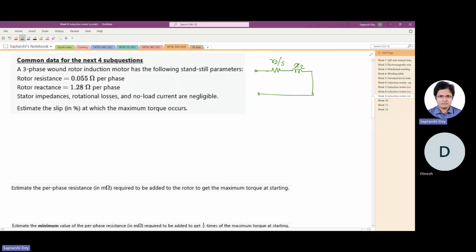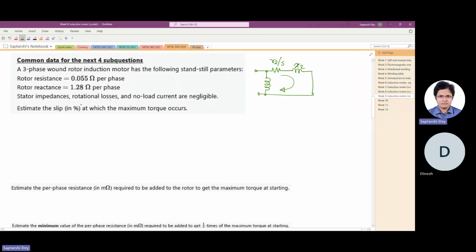They say that no load current is negligible. Anyway, this current at no load is negligible because S is almost equal to 0. So R2 by S is almost equal to infinity, so this current is almost 0 at no load.